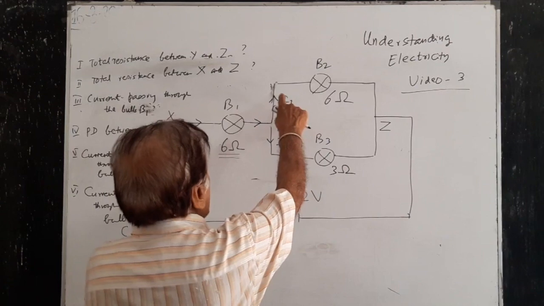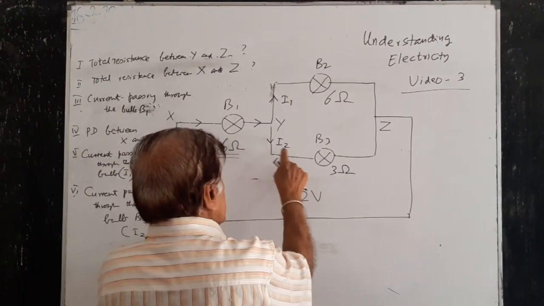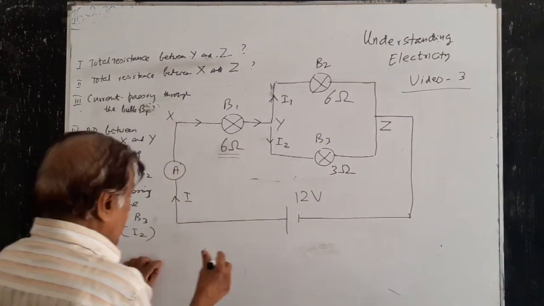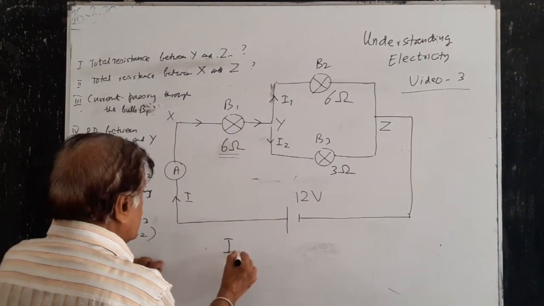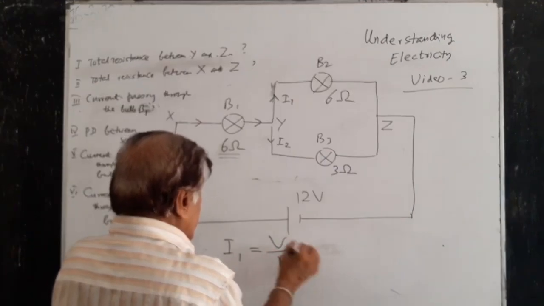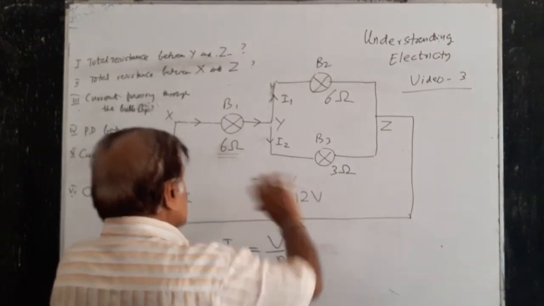I1 is the current passing through the bulb B2. I2 is the current passing through the bulb B3. Now I1 is equal to V upon R. Here V means not 12. 12 is for all these.